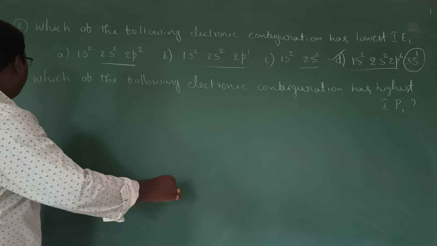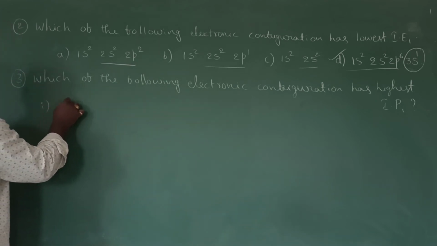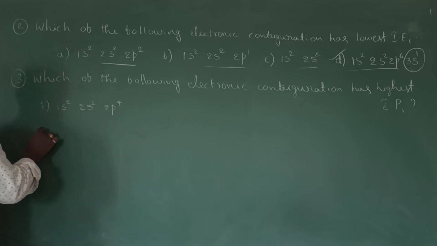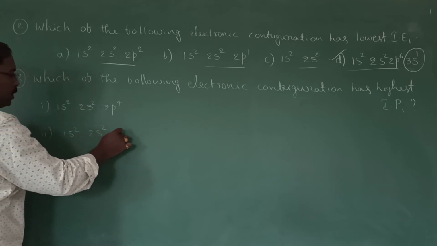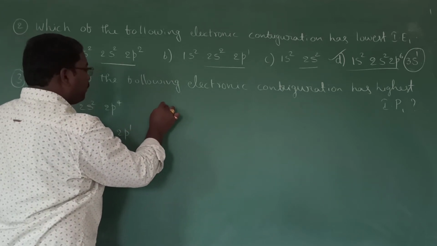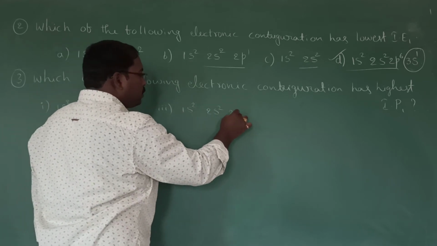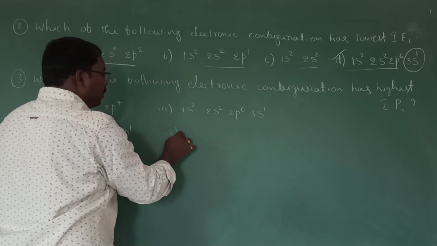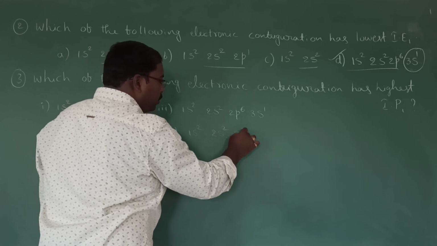Okay, now the options they gave are: the first option 1s2, 2s2, 2p4; 1s2, 2s2, 2p1; 1s2, 2s2, 2p6, 3s1; and 1s2, 2s2, 2p3.